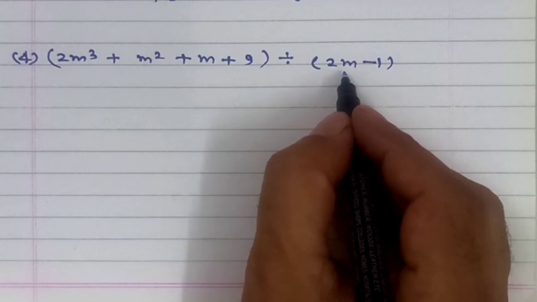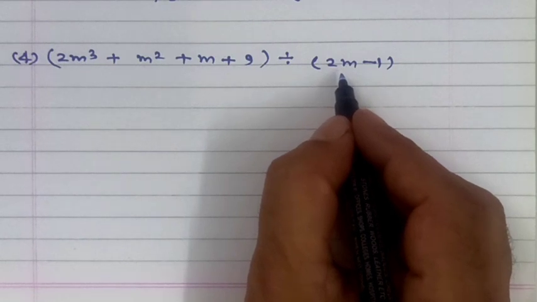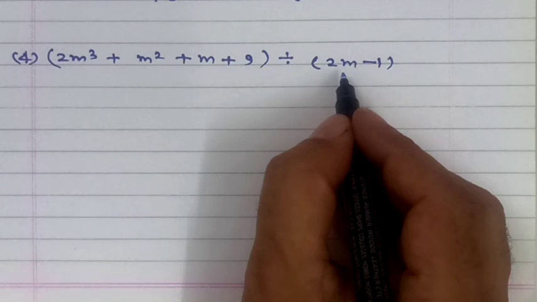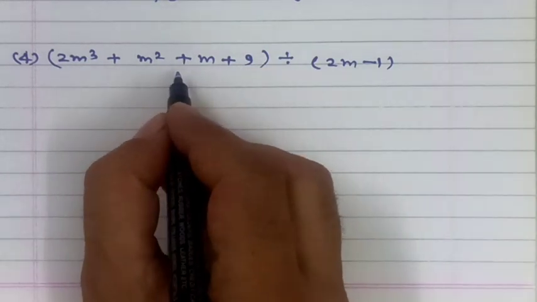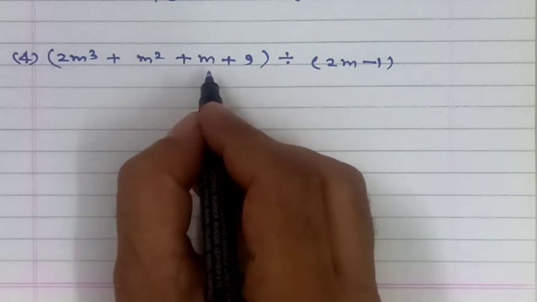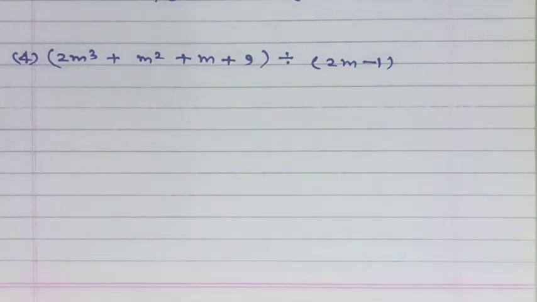Look at this, the coefficient of m is not 1 but 2, so it's slightly difficult, and you have to take care of this, otherwise the method remains same. Look at the dividend, the terms in the dividend are in the descending order and no terms are missing, so no change. Now let's proceed further.